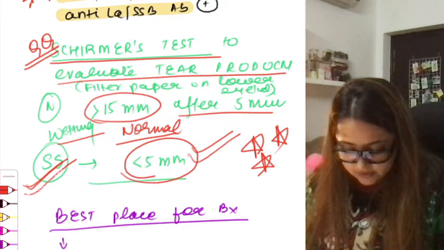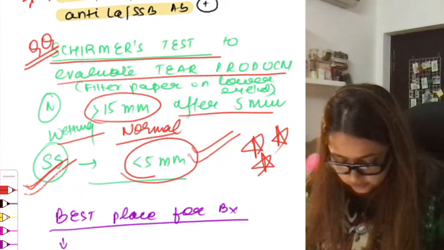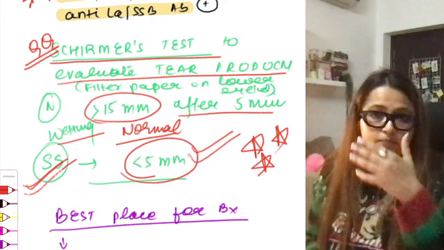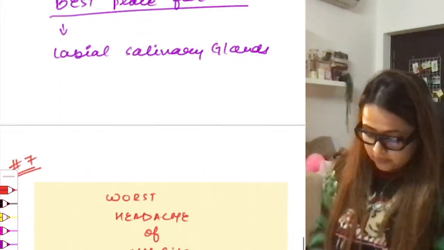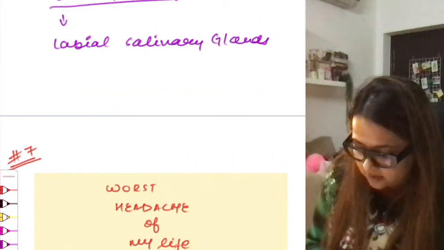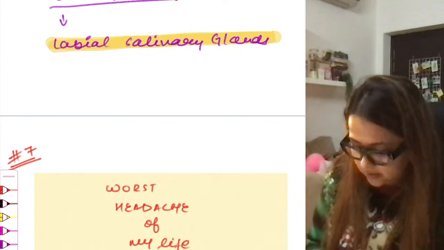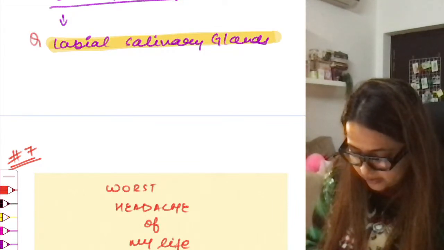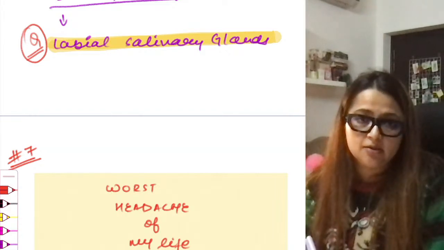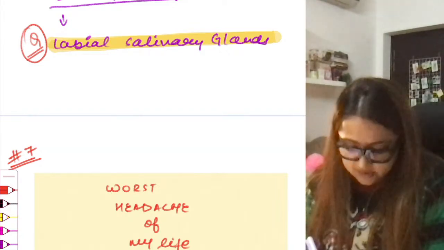You said salivary gland. Any specific answer? Yes, your answer is labial salivary glands. So know this, it has been asked several times. Mark it: labial salivary glands are the best site to take a biopsy in Sjogren syndrome.